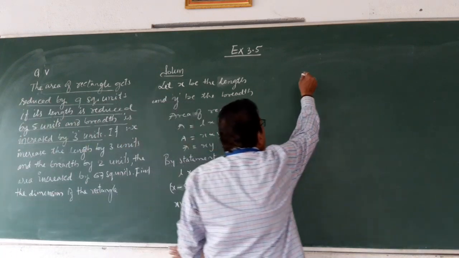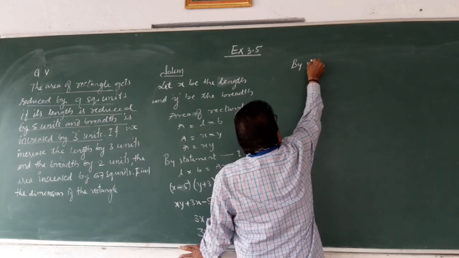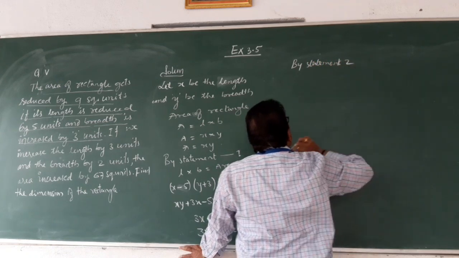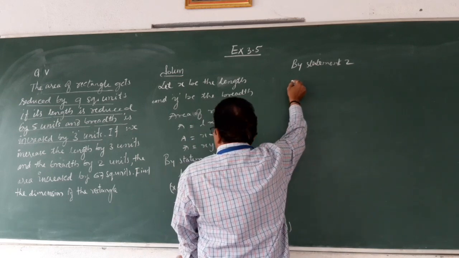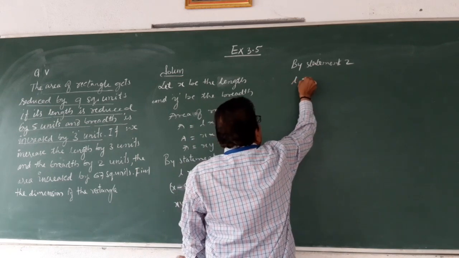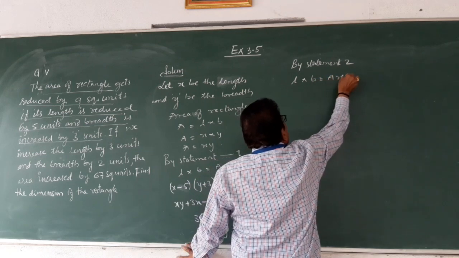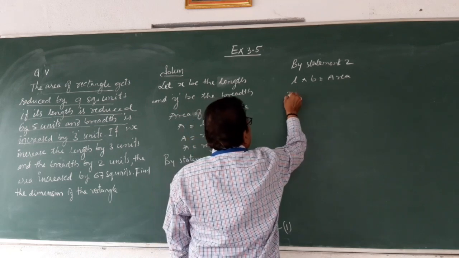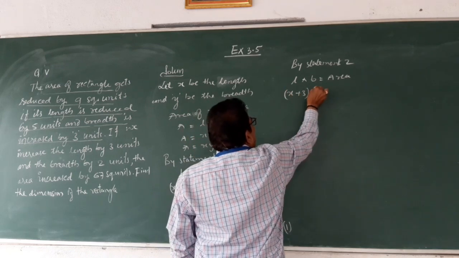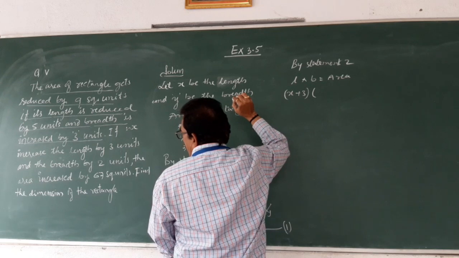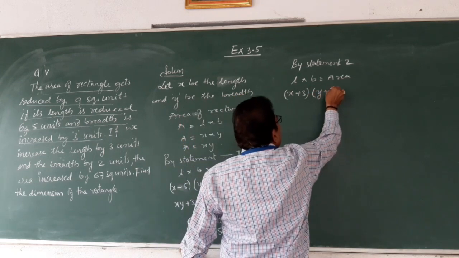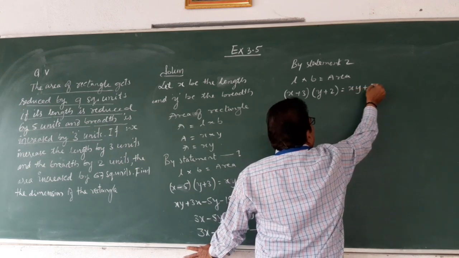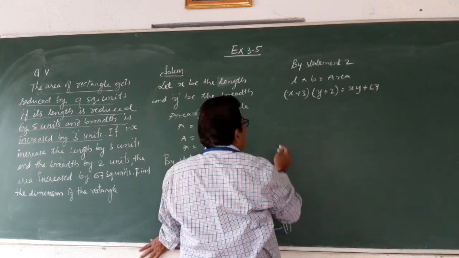Then statement 2. By statement 2, length into breadth equals area. If they increase the length by 3 units, that is x plus 3, and the breadth by 2, y plus 2, equals area xy plus 67.